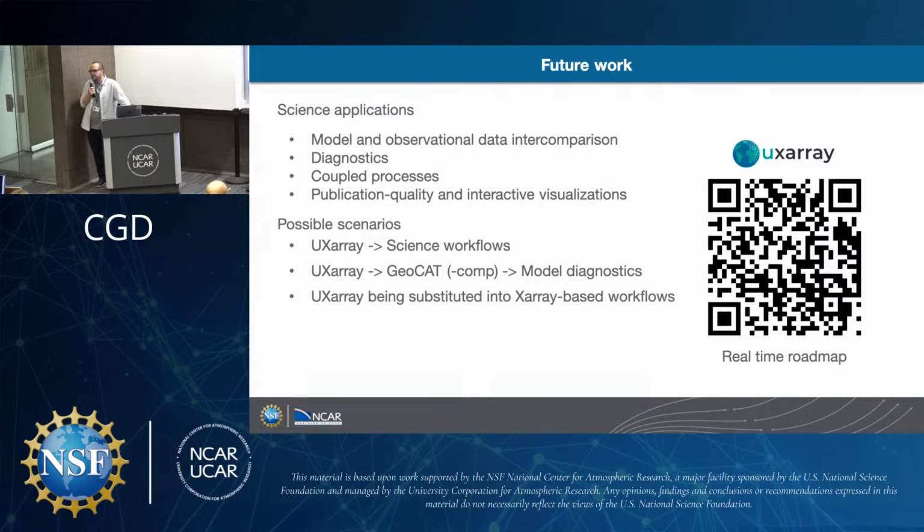Some possible scenarios that I can think of might be where UXarray with the existing functions can be of immediate help for any scientific workflows, or maybe combining UXarray foundational functions that are aware of the grid topology with some other intermediary tools like GeoCAT-Comp and things like that, and then getting them all to benefit diagnostic frameworks and other scientific workflows might also be of interest in the future.